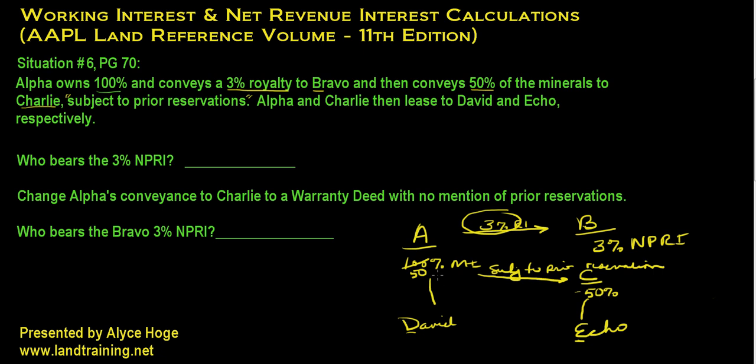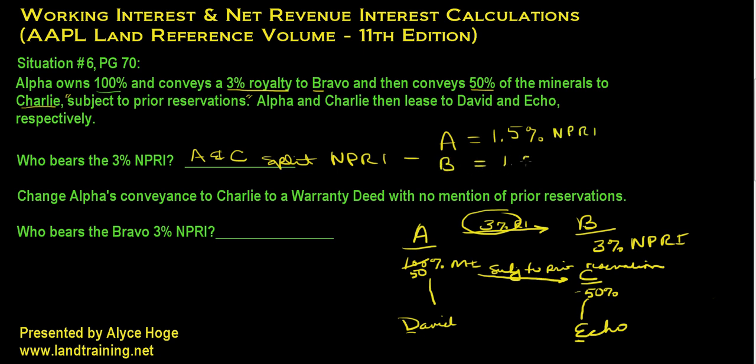So what's going to happen now is A and C are going to split the payment of the non-participating royalty interest. And that means A would pay a 1.5% non-participating royalty interest, and C would pay the other 1.5% of the non-participating royalty interest. Okay, and the reason for that is because he took subject to prior reservations.